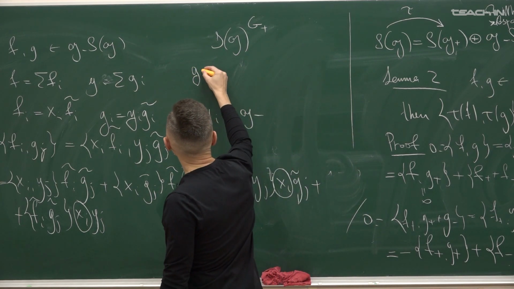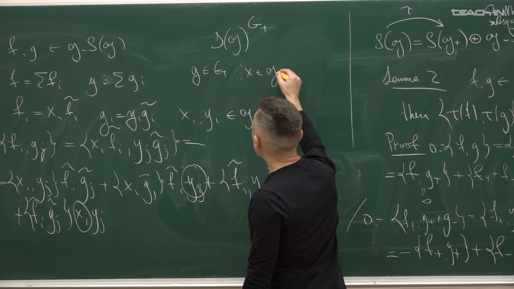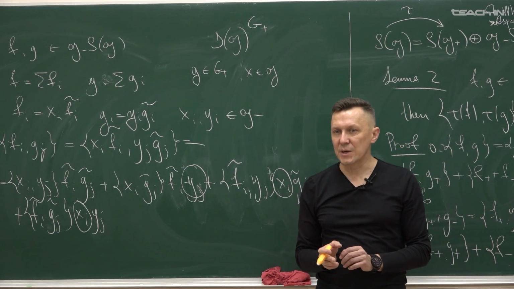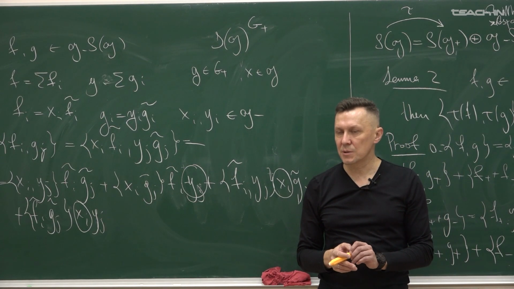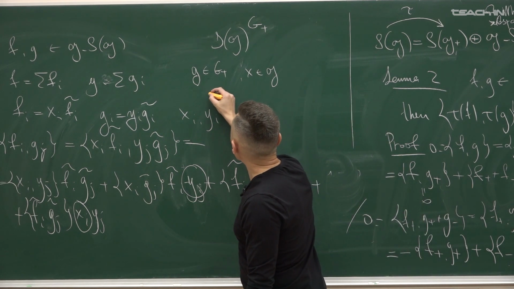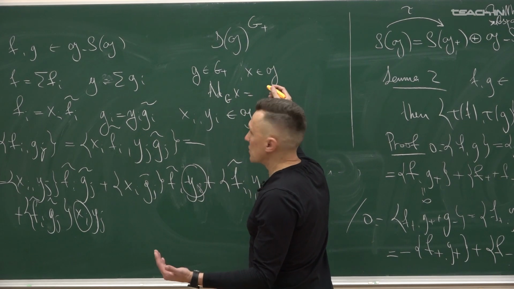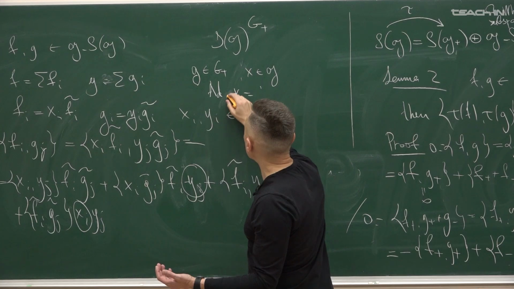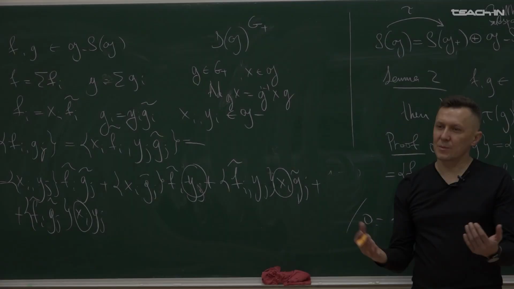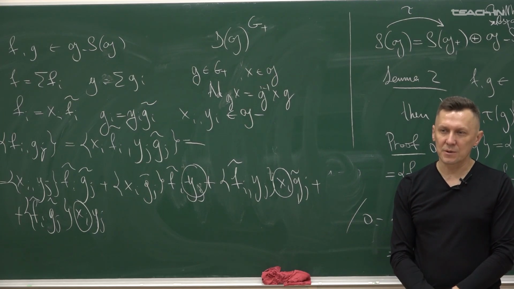Let g be an element of G plus, and X is an element of the Lie algebra G. Let all groups and algebras be matrix groups and Lie algebras. So in this case, the adjoint action of g on X is just a conjugation, g minus 1 X g. But in fact, it's a fundamental question, and we have discussed it in the beginning of September.